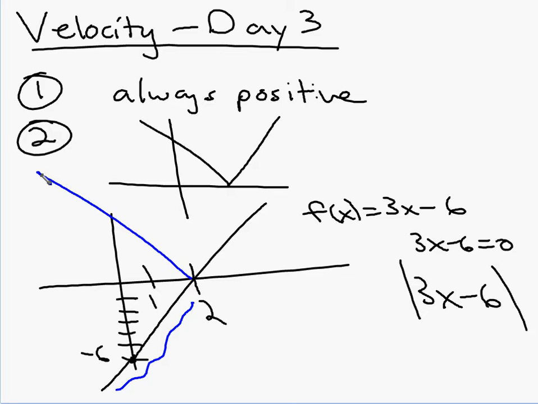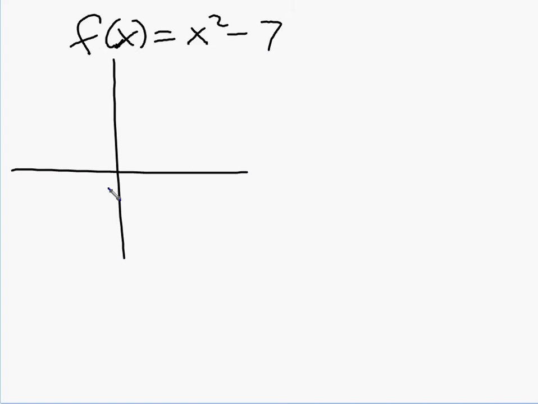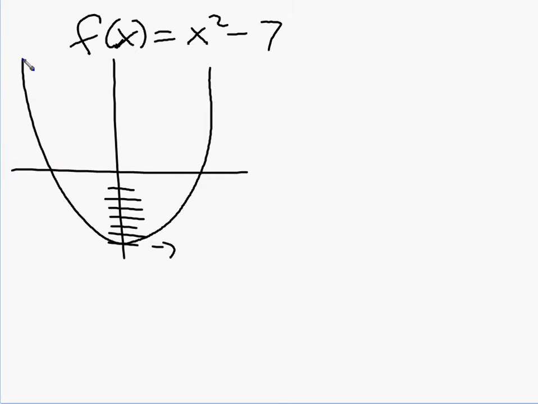What if I had a quadratic like f of x equals x squared minus 7? Well, what does that look like? That's a quadratic moved down 7 units like that, right?